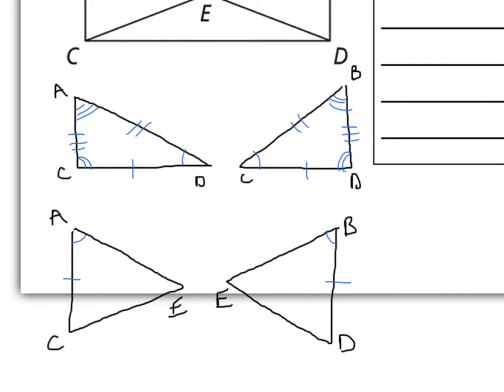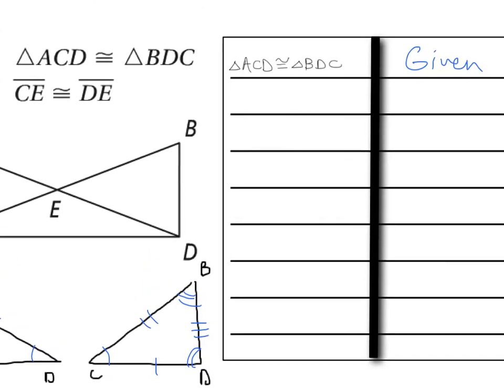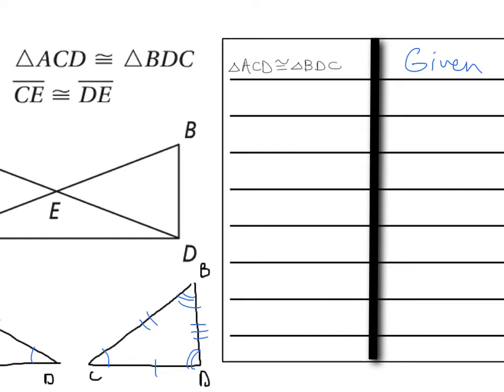I'm going to be able to say that angle A is congruent to angle B. And I also know that AC is congruent to BD. And how do I know that? Well, I know that because corresponding parts of congruent triangles are congruent. Those two things were in the two triangles that I just proved to be congruent.